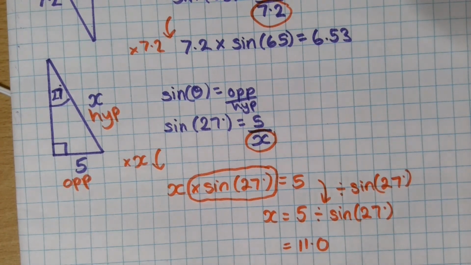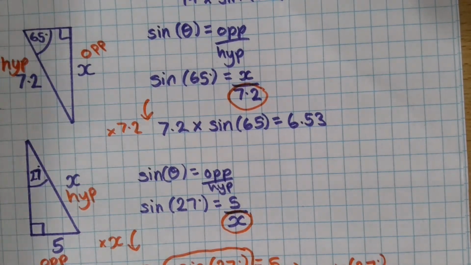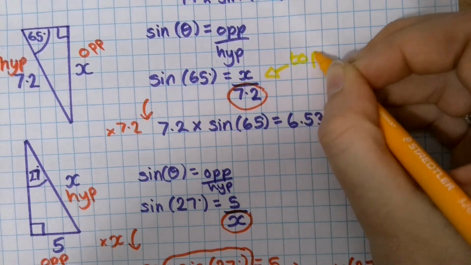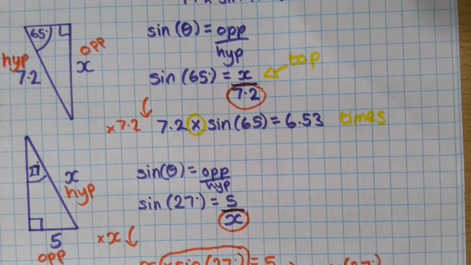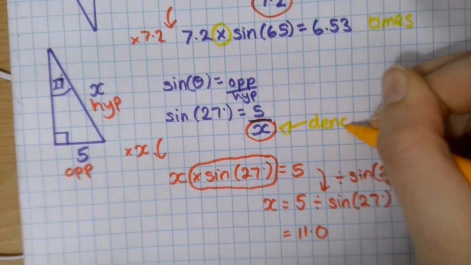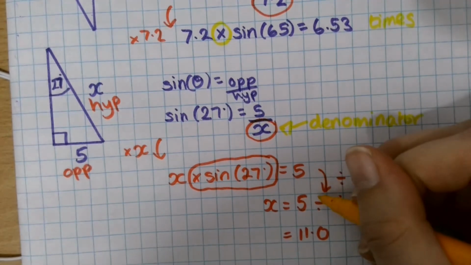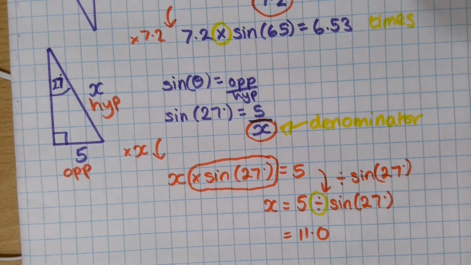So like I said, this is the 2 steps that takes us from here to here, but there is a quicker step. Now you look at this fraction here, and think about where x is. X is on the top. And what did we do? We timesed. Look at this fraction. Where is x in this fraction? X is the denominator. And what did we do? We divided. So, my quick trick for you is that if x is on the top of the fraction, we times.